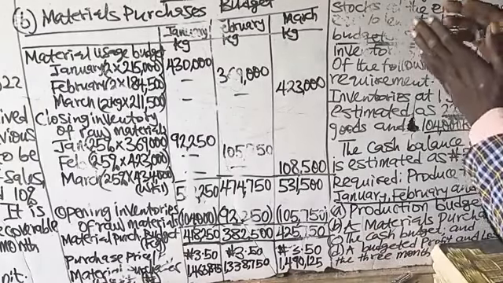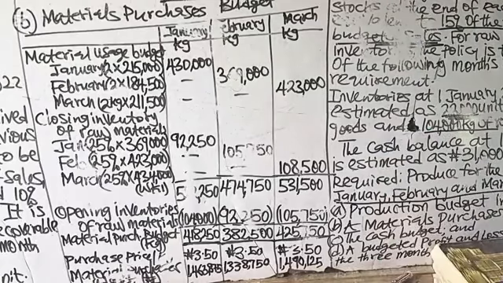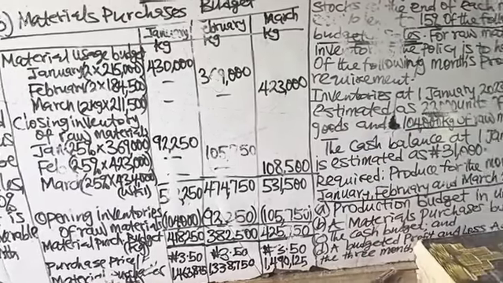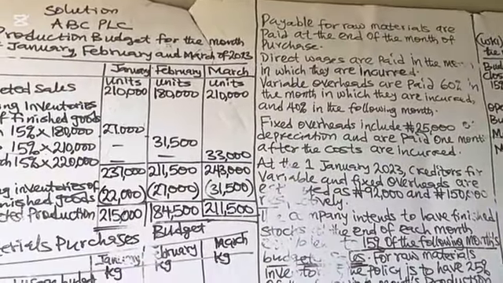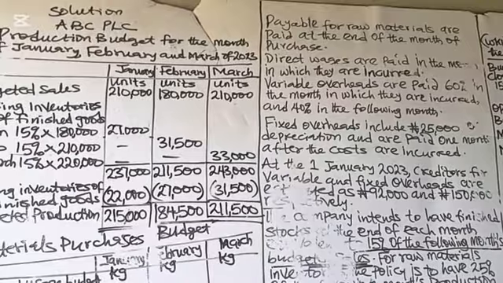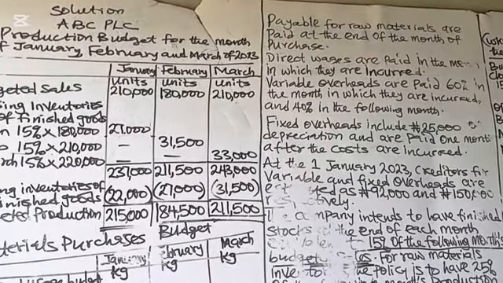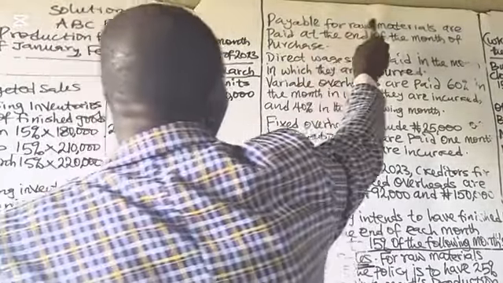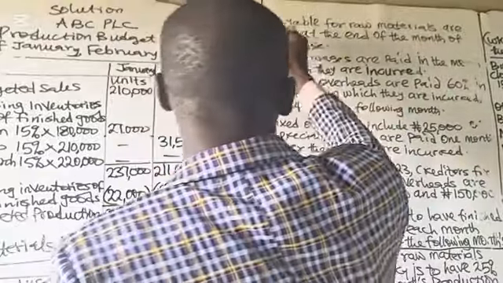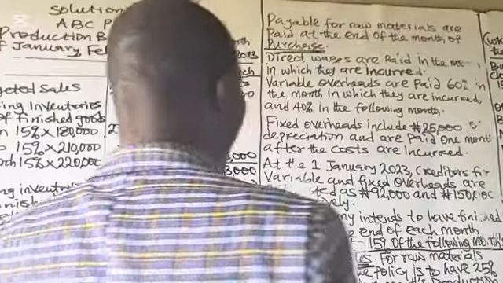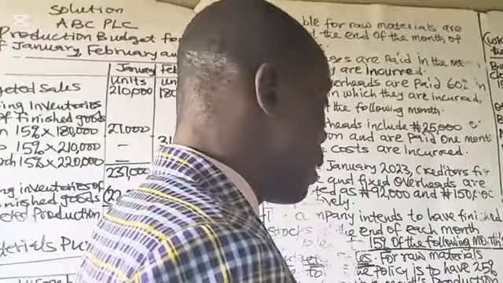Now, let's see when the payment will be made for raw materials. You were told payables for raw materials are paid at the end of the month of purchase. It means the payment for materials are made at the end of purchase.